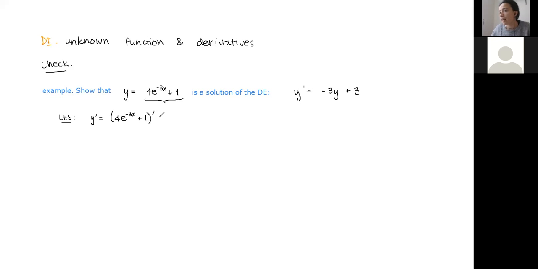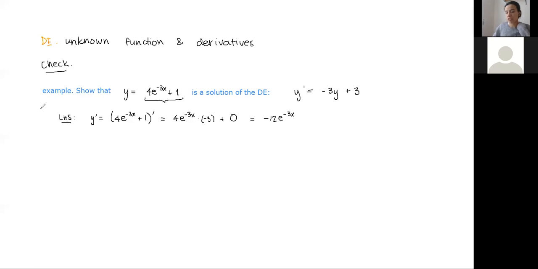If I find the derivative, for the first term I get 4 times the derivative of e to the minus 3x. The derivative of e to the minus 3x is e to the minus 3x times negative 3 by using the chain rule, and the second term becomes 0. So if I simplify, I get minus 12 times e to the minus 3x plus 0.